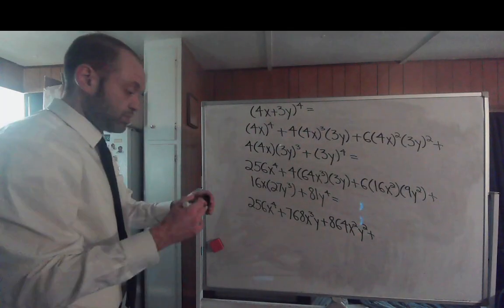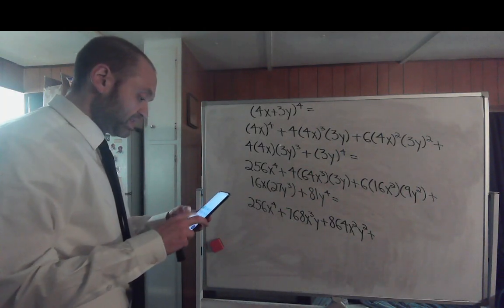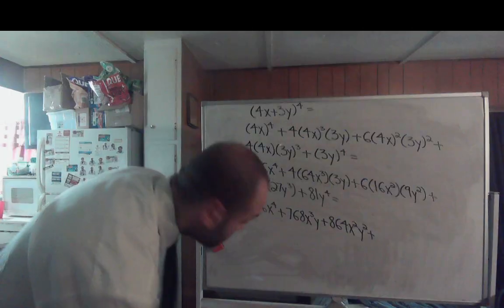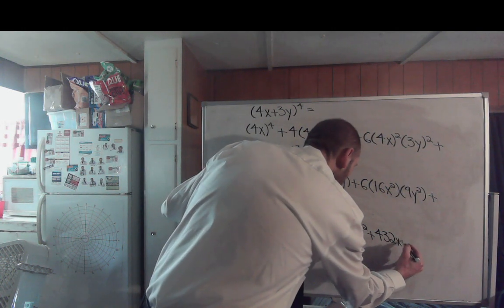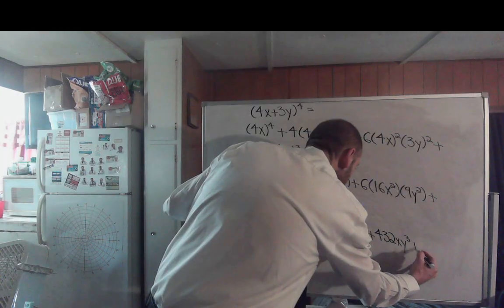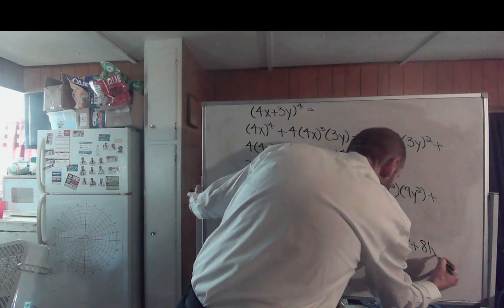plus, let's do this one here, the 16x times 27y to the 3rd. Well, 16 times 27, that's 432. So you get 432x y to the 3rd, plus your final term of 81y to the 4th.